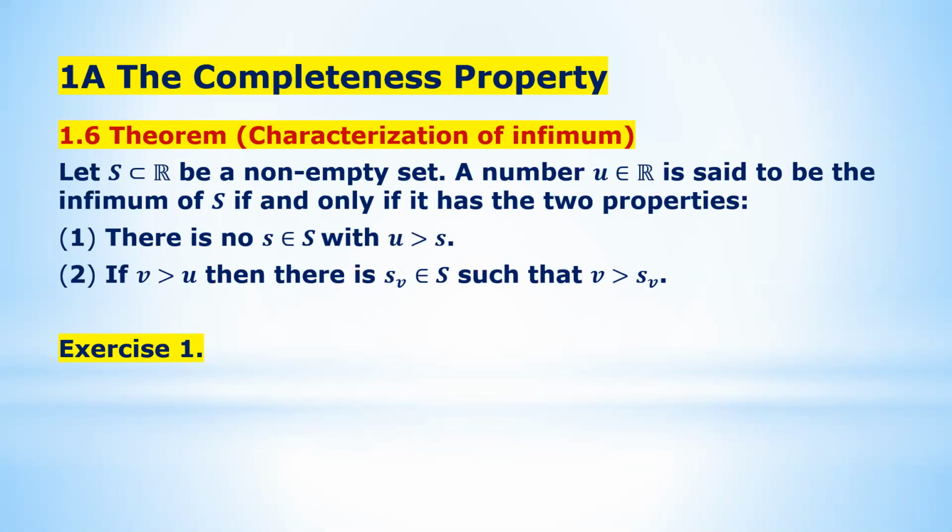I'm not going to show this proof, but instead I'm going to assign Theorem 1.6 as exercise 1. This is something you need to think about after the class, and we'll come back to this theorem in the next lecture.